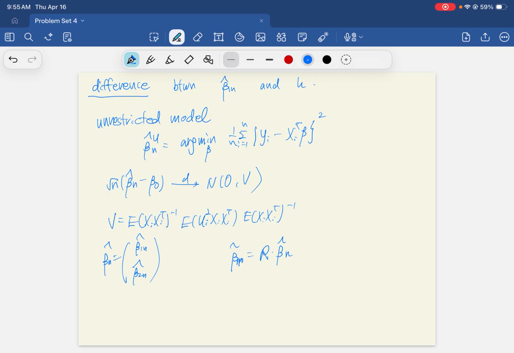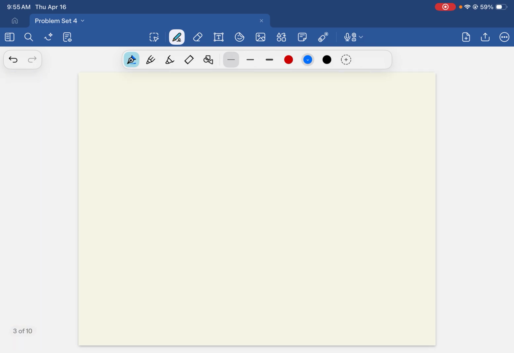The first component of a vector can be written as 1, 0, 0, 0, 0, 0 times the full vector. It is pretty simple. There are k minus 1 zeros. It is a k by 1 vector, but when you multiply this, it becomes just a 1 by 1 scalar, right?